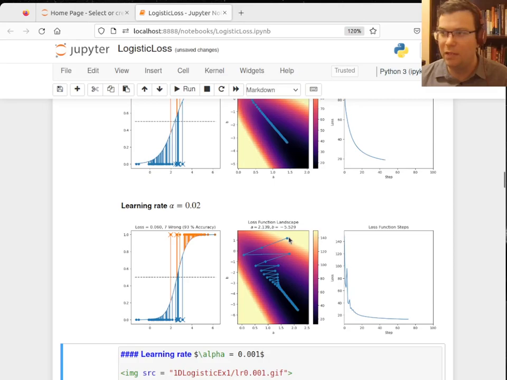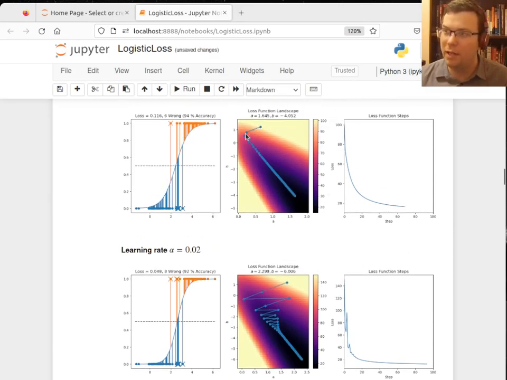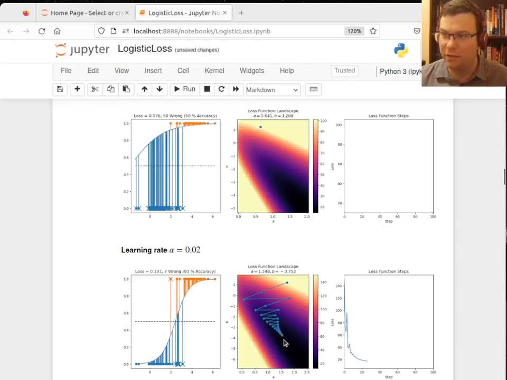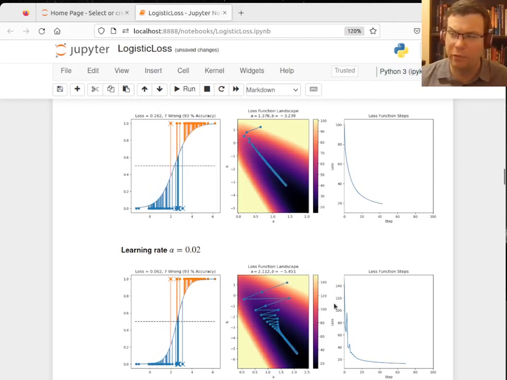But what we see is some zigzagging. We actually take a step too far, and then we end up kind of going back and forth along this valley until we eventually do converge, and we settle on a good solution here. But we get some zigzagging up front, so that's something we got to be a little bit careful about.